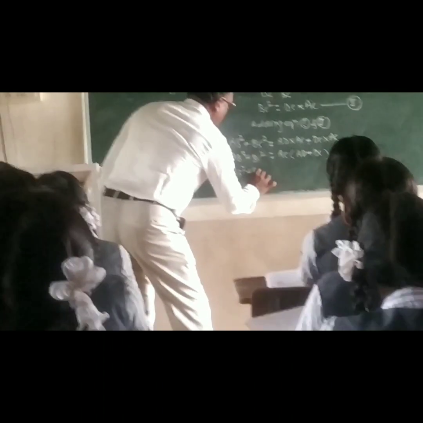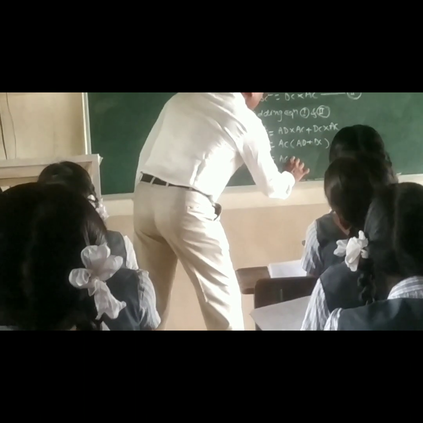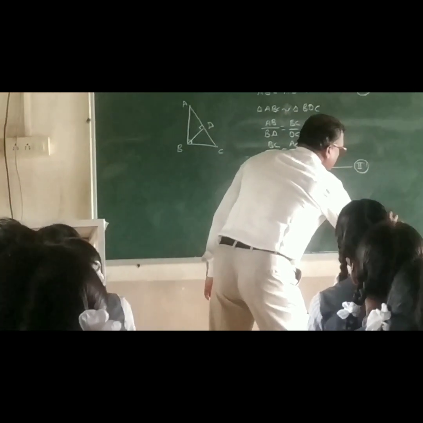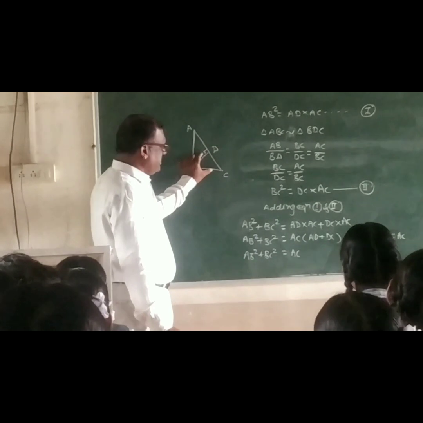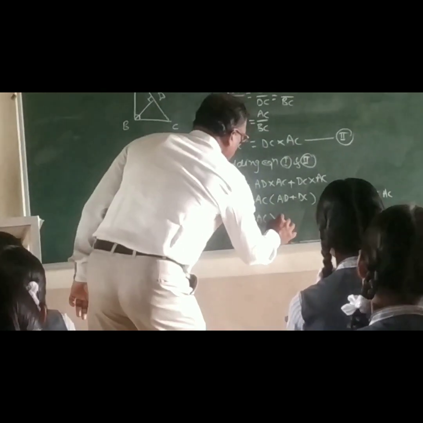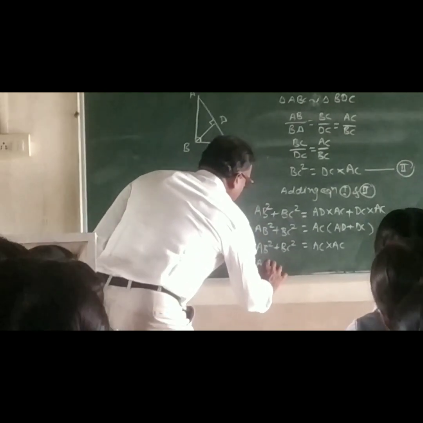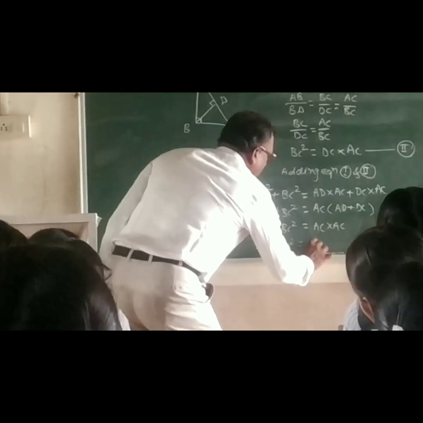AD plus DC is equal to how much? AC, the total. So AB square plus BC square is equal to AC square.